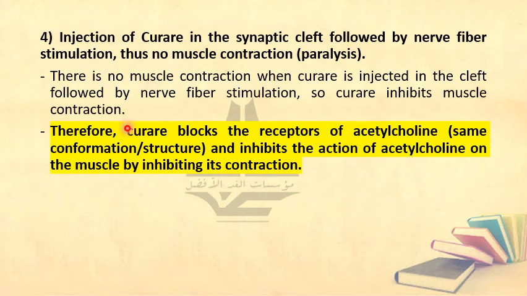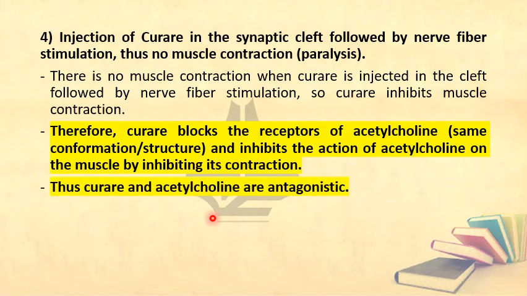So till now, you identified the function of acetylcholine. It causes muscular contraction, but curare has an opposite function. It inhibits muscular contraction, and by this we say that curare and acetylcholine are antagonistic. What do you mean by antagonistic? They have opposite functions. Okay, they work in an opposite manner.